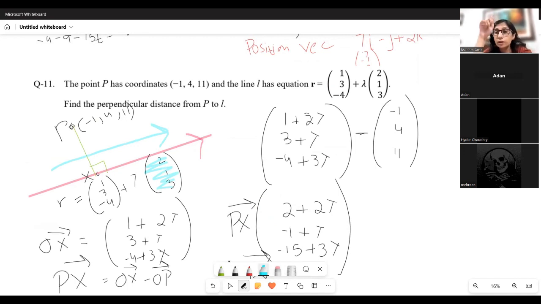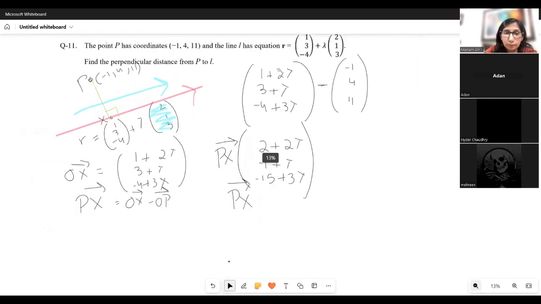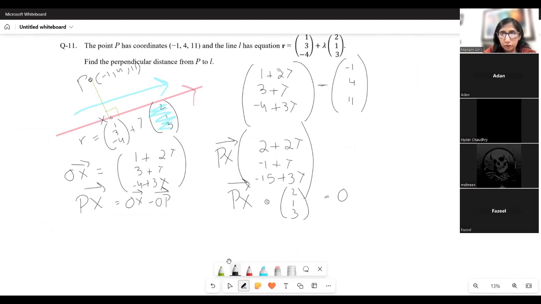So the dot product between the green line and the blue vector is also 0. So we're going to find the dot product between these two. So we have Px dot direction vector 2, 1, 3, and this equals 0. 2 plus 2 lambda, minus 1 plus lambda and minus 15 plus 3 lambda dot 2, 1, 3 equals 0.